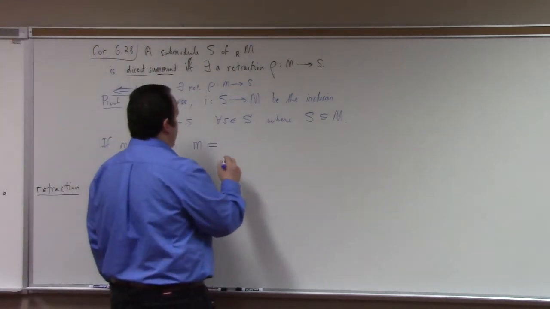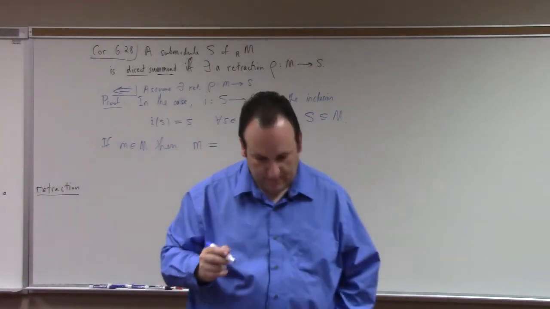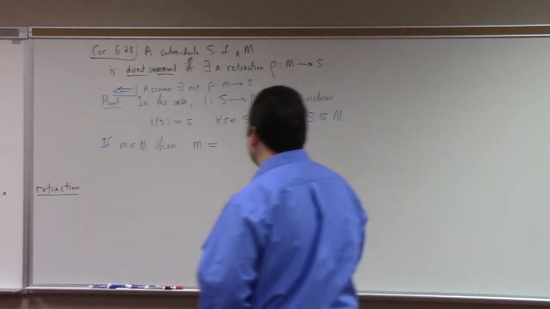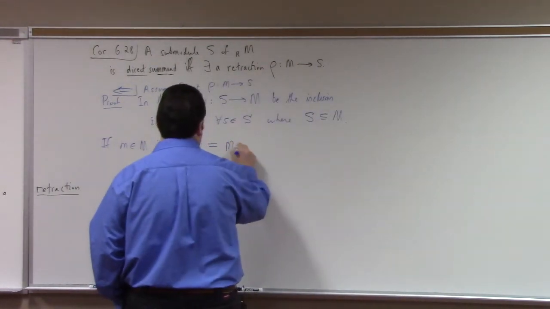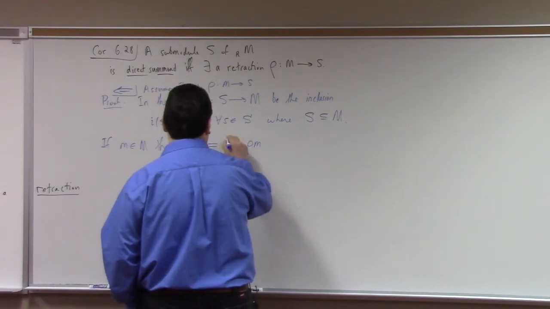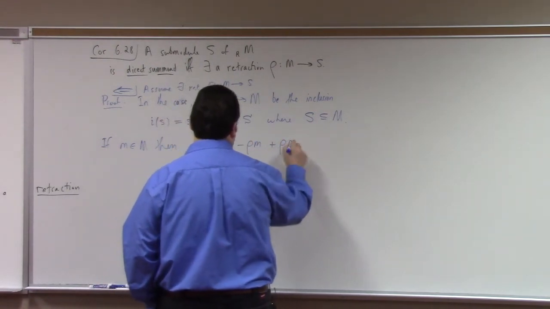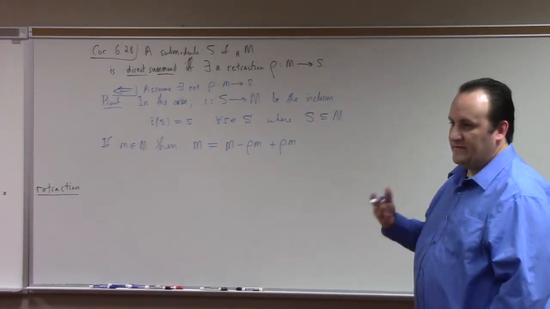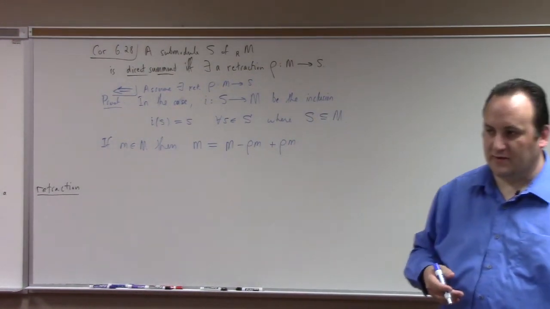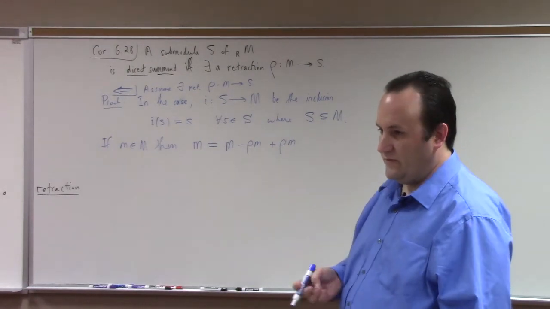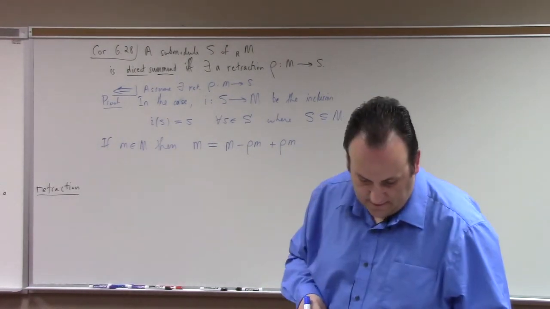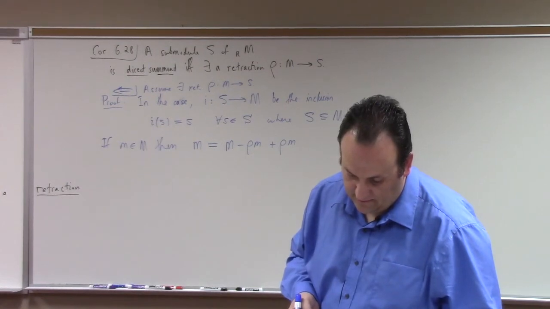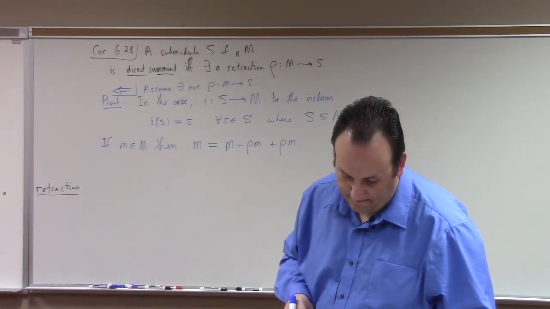So we do something like, let's see here, what's his notation? m minus rho m plus rho m, where he's just omitting parentheses. That's a map acting on an element, but we just abbreviate the notation and don't write the parentheses. Now, where is rho m?